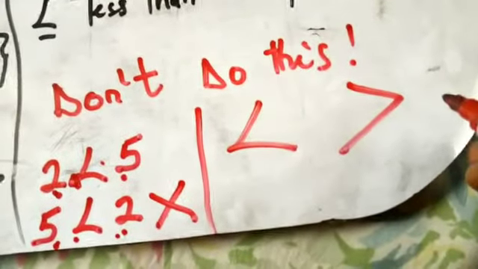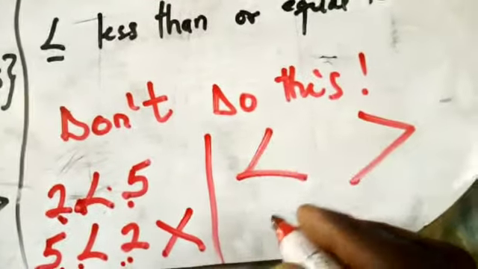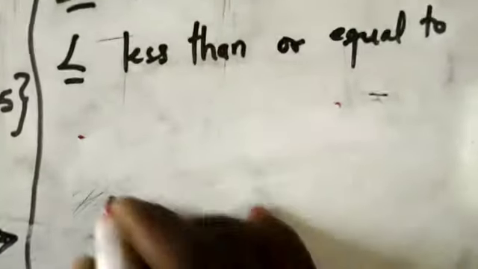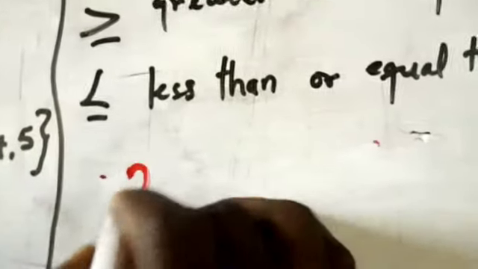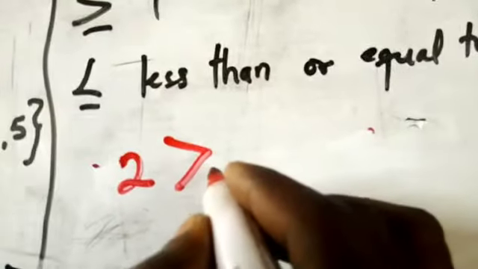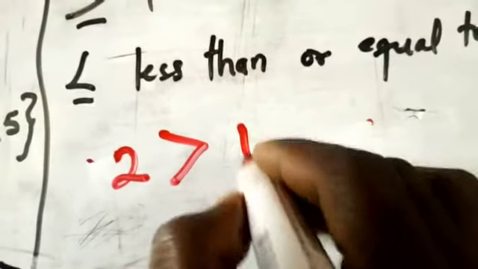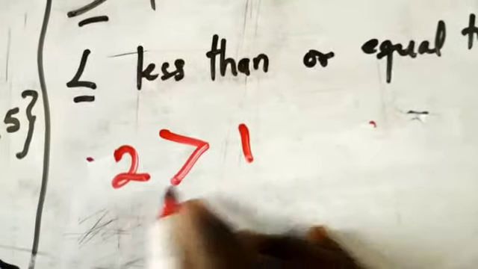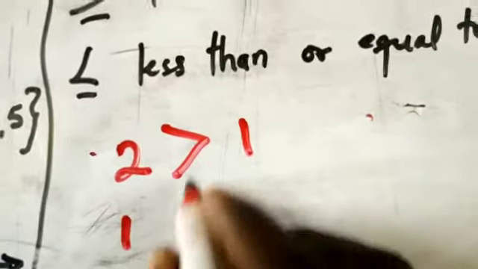Let me wipe this and get another example. Say I want to read this: this is greater than, so 2 is greater than 1. What happens if I turn this upside down?